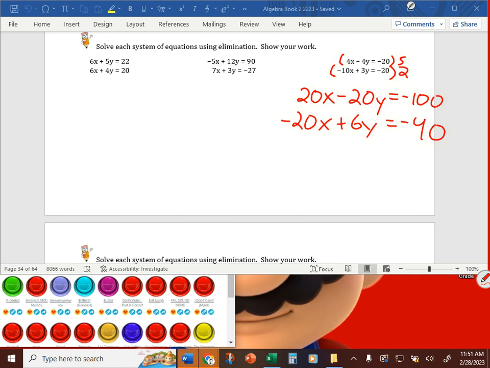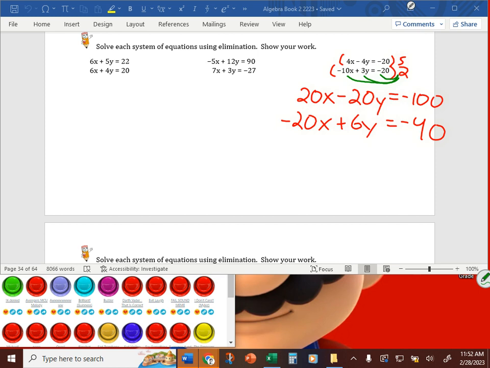Okay. How'd you get 40 or negative 40? Take this 2. It essentially gets distributed into everything in the equation. So I got the negative 20 from 2 times negative 10. 2 times 3y is a 6y, and 2 times negative 20 is a negative 40.